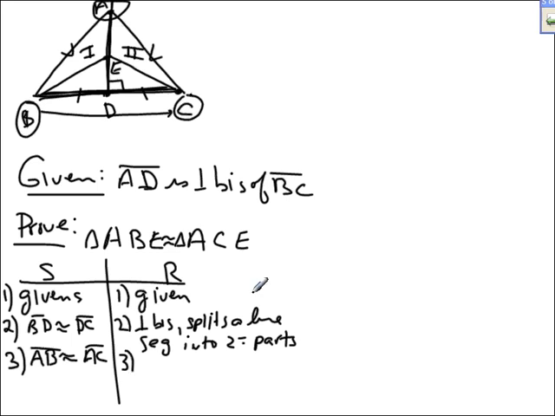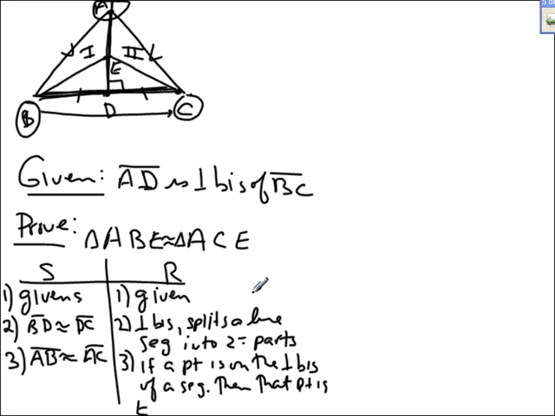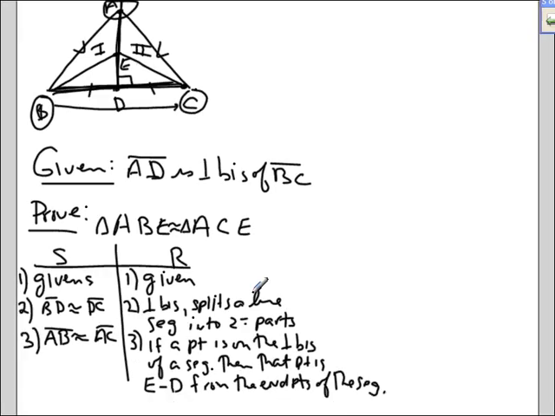And the reason is, if a point is on the perpendicular bisector of a segment, then that point is equidistant from the endpoints of the line segment.